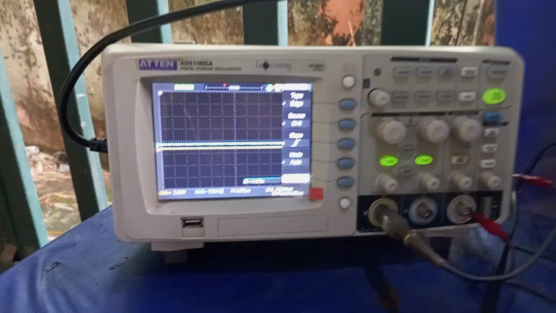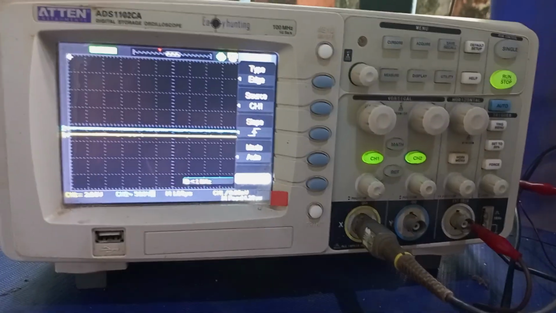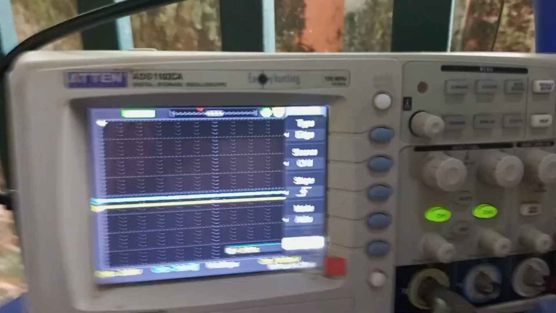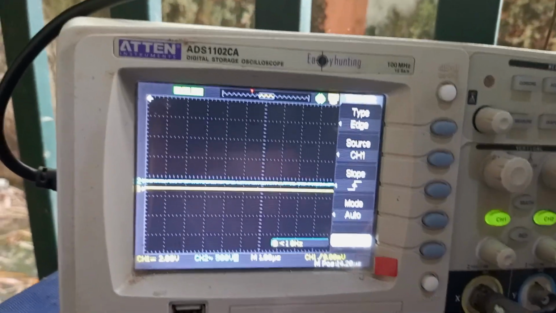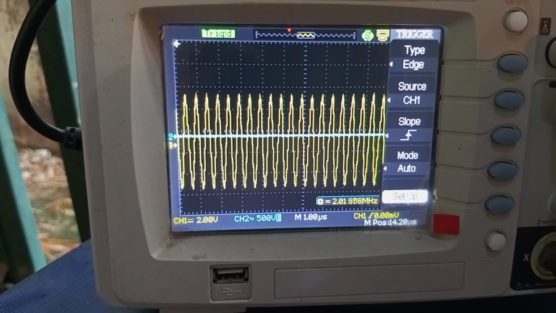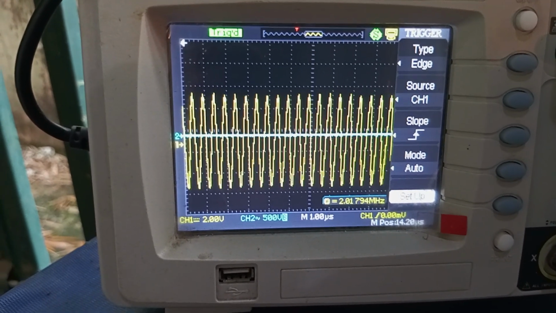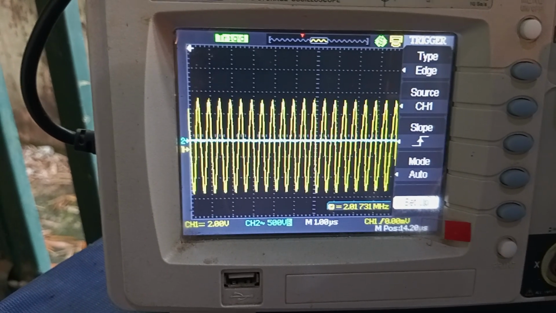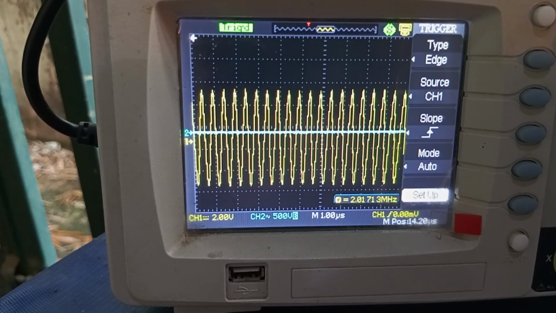I have an oscilloscope to show you the frequency at which the Tesla coil resonates. Let me switch on the system. Okay, this is 2 megahertz, 2.017 megahertz. That's what the Tesla is running.